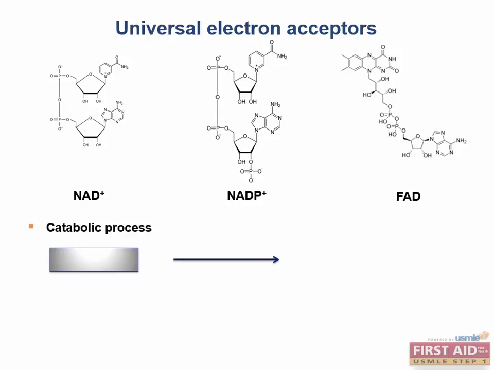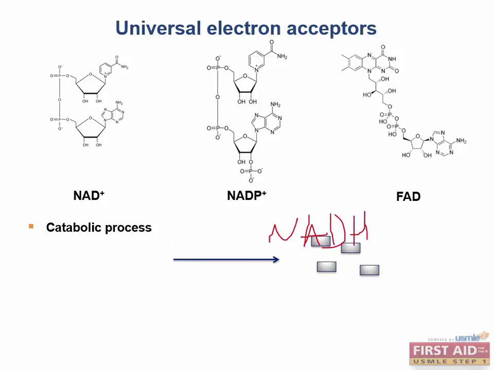NAD+ is mostly used for catabolic processes that break down organic molecules. And the electrons are carried in reducing equivalents as NADH. If NAD+ is primarily used in catabolic processes, what's NADPH used for?